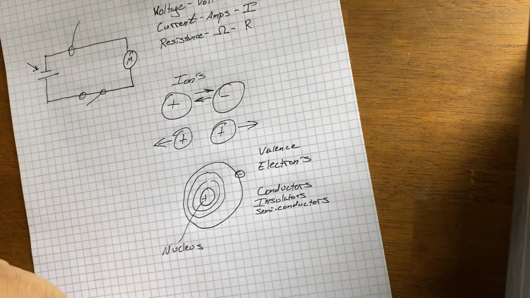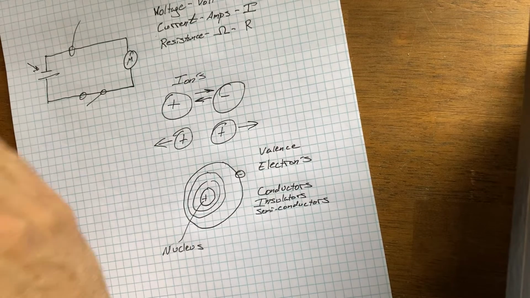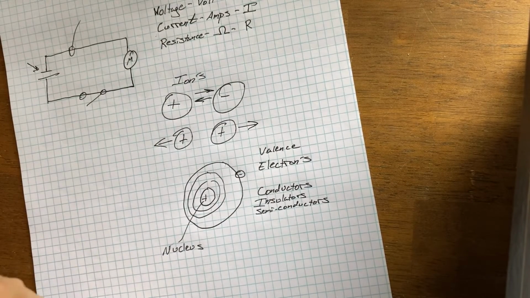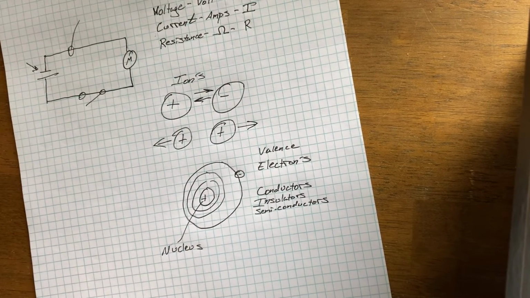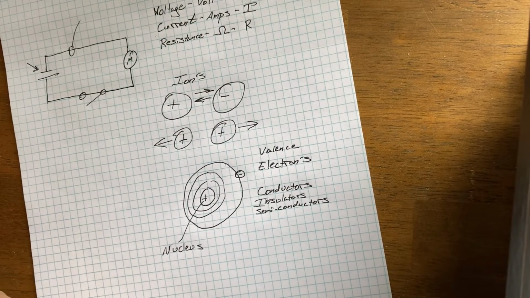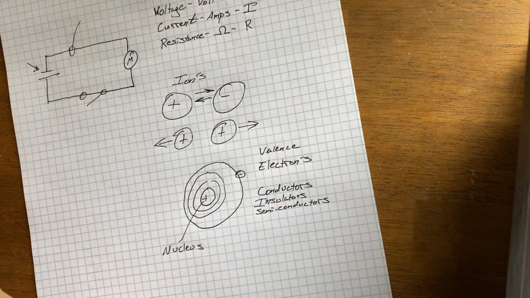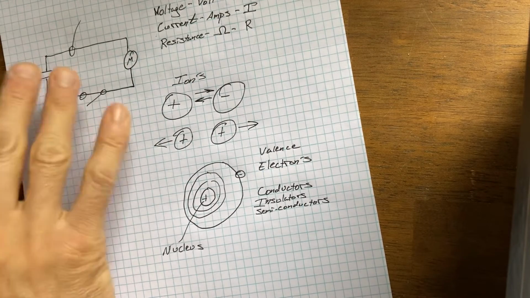So a conductor is what we use to get current from one place to another. So it conducts electricity really well. Like I said, it gets electricity from point A to point B. So it's what we use to do the work, to make things run.